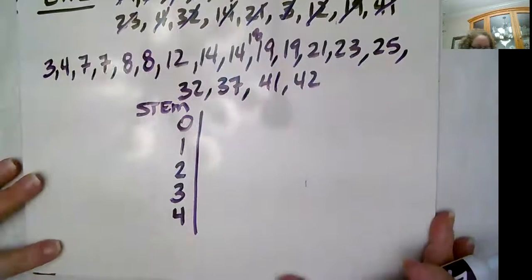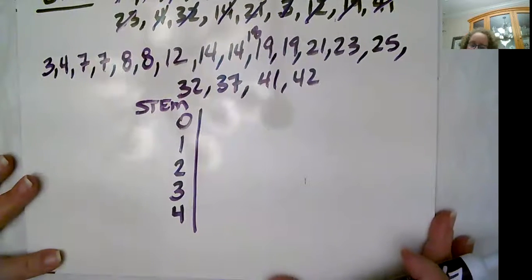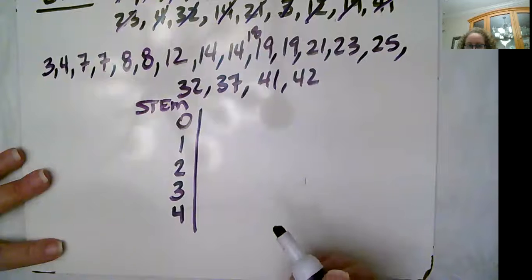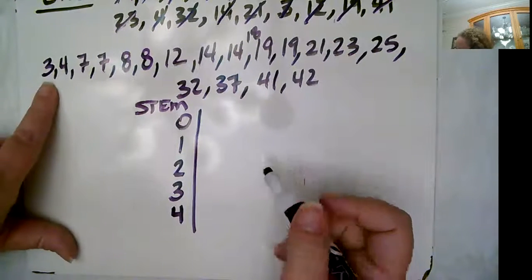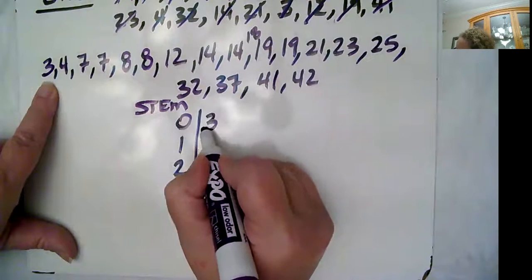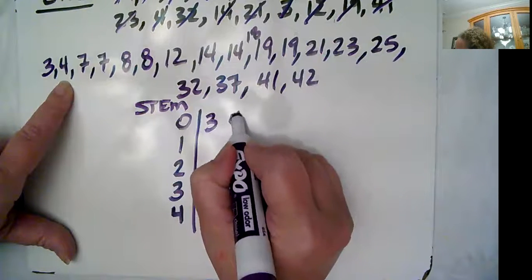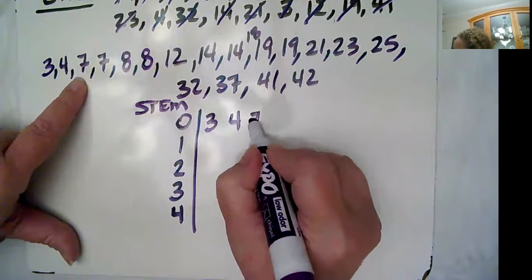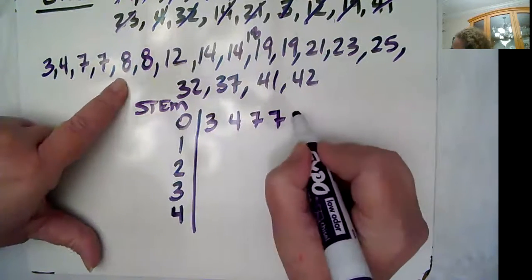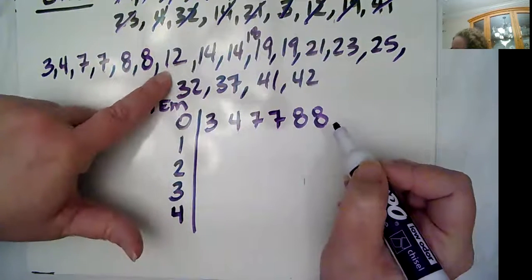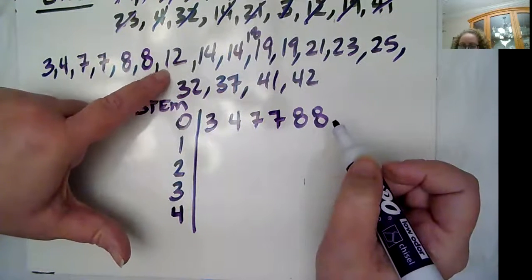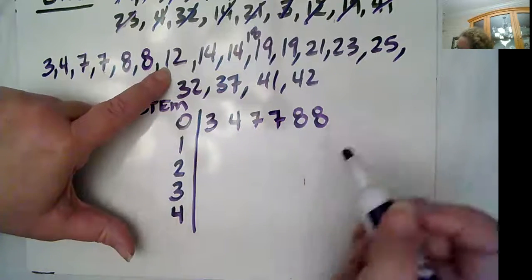And then we're going to make a little key after to explain what it means. So anything that's a single digit: 3, 4, 7, 7, 8, and 8. Now we start with anything that begins with 1.